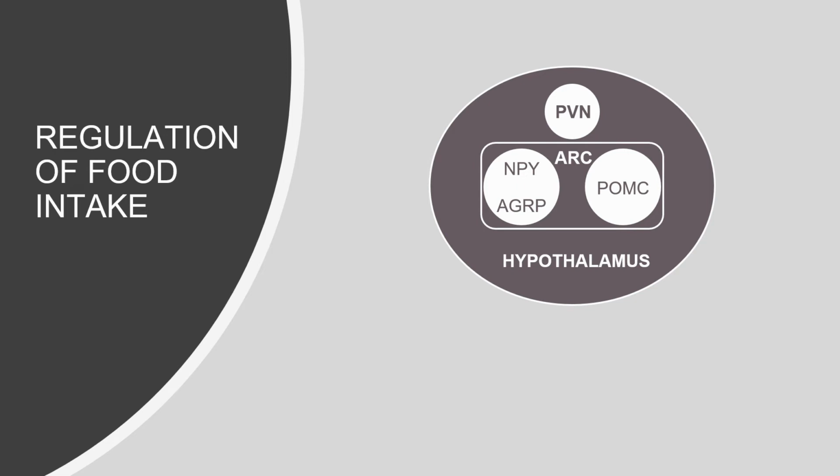So in the hypothalamus, we have a nucleus called the arcuate nucleus, which plays a major role in food intake regulation. At every moment, the hypothalamus processes a large amount of signals, which can actually be divided into two separate categories. Let's write it down here. Orexigenic and anorexigenic.